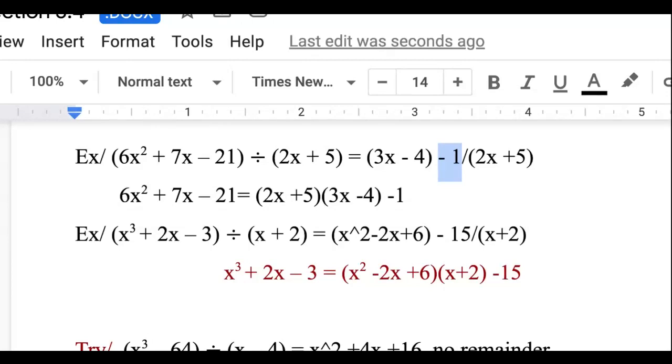So we can write in two ways. We can write 6x squared plus 7x minus 21 equals the divisor multiplied by the quotient, subtract or add the remainder. Anyone has any question?